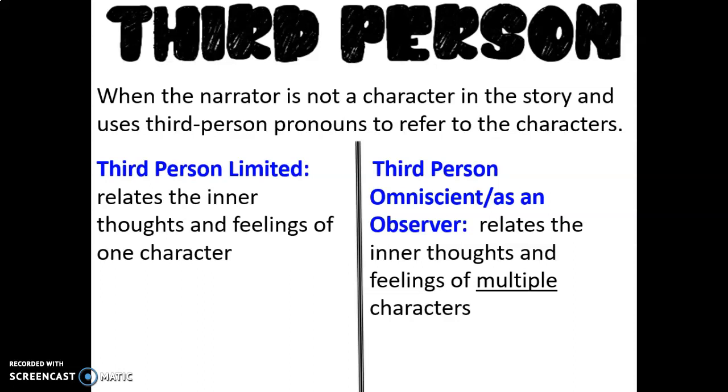If Hermione is telling us the story, then we're never going to know how Ron thinks about her. But if we're hearing the story from an omniscient narrator, then we might hear Hermione's thoughts in one section and then Ron's thoughts in the next section.